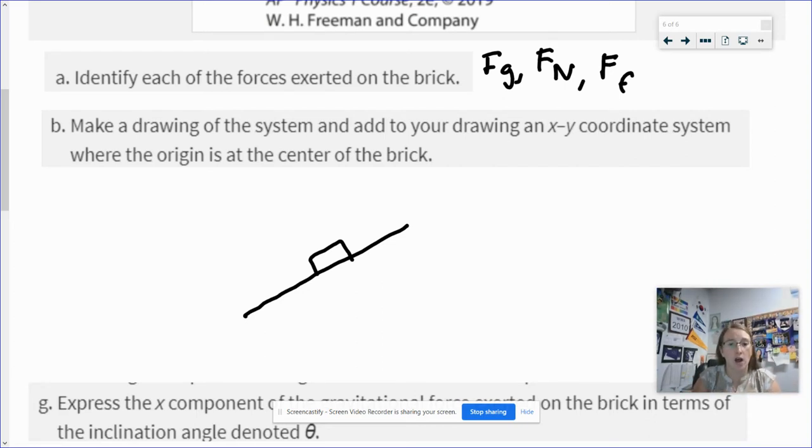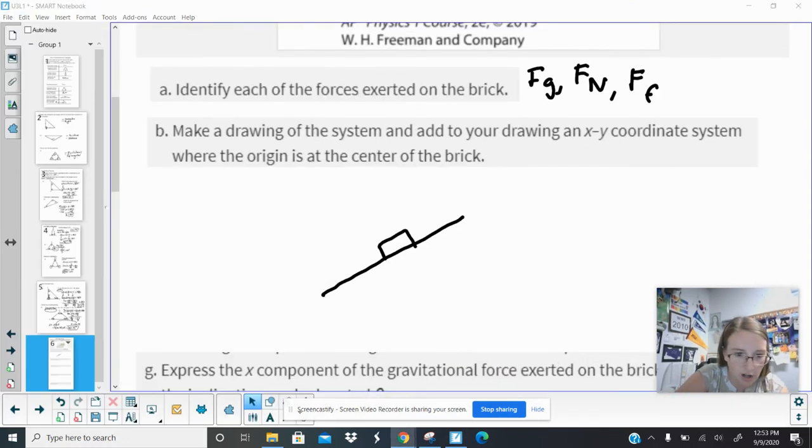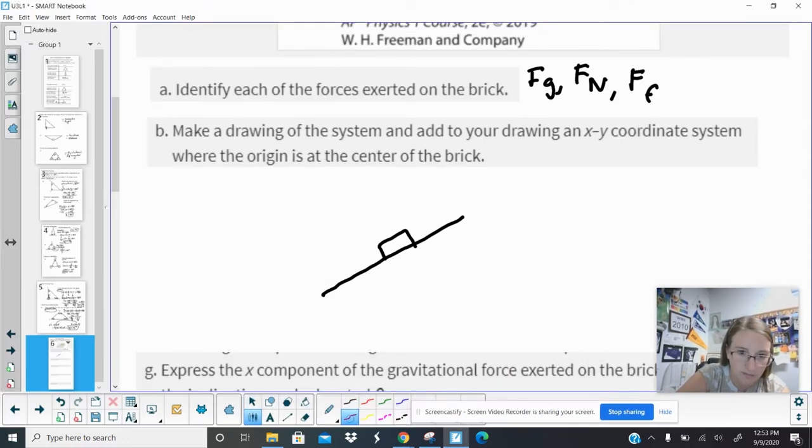I'm going to go ahead and draw my x and y axis first, and then I will draw my forces. So here is my x and y axis. I'm going to draw this in a different color so it's easier to see. The origin is the center of the brick, which is why I'm going to draw my x-axis a little bit above my incline. There is my x and y axis.